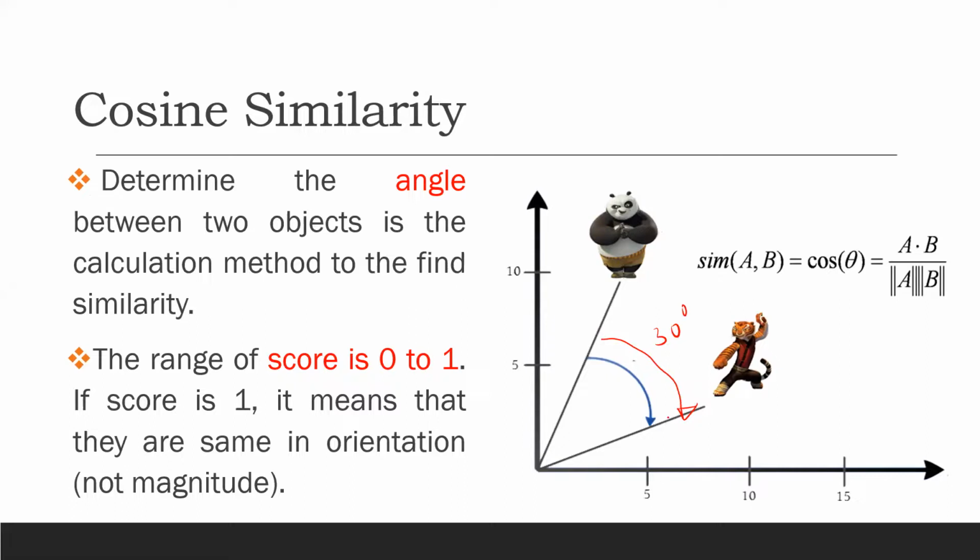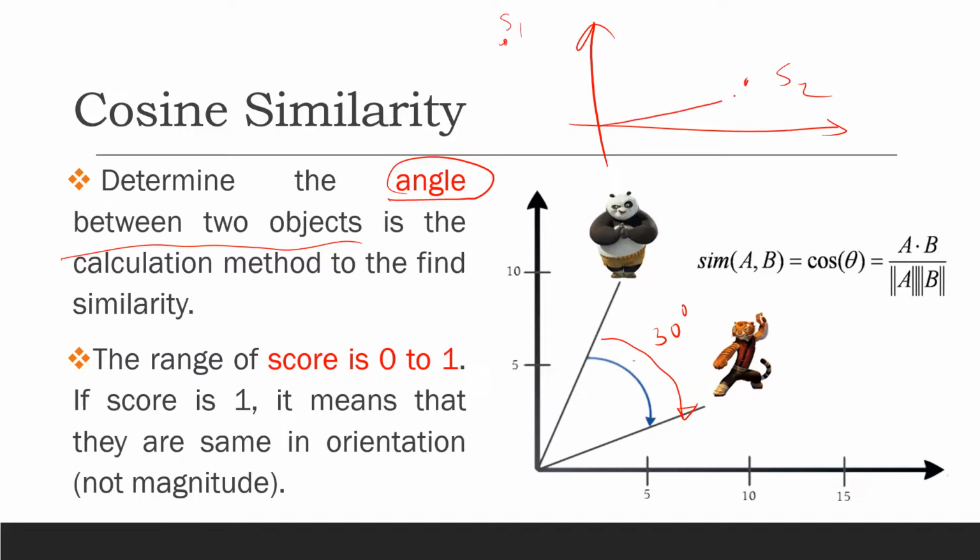That is called cosine similarity. In cosine similarity, we are calculating the angle between two objects. This is a diagram. One object is S1, another object is S2. Whenever you plot from here to here and from here to here, this angle is called the cosine similarity distance.